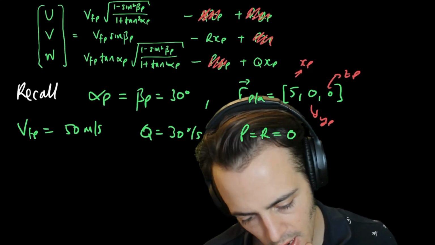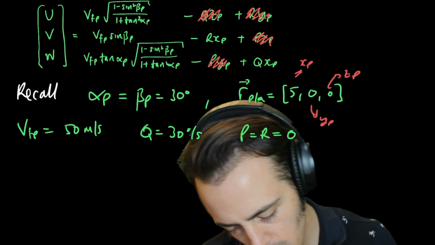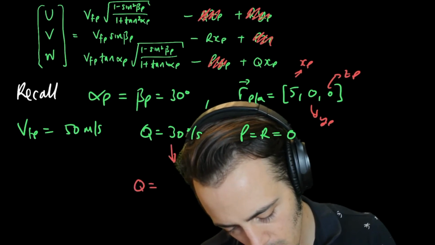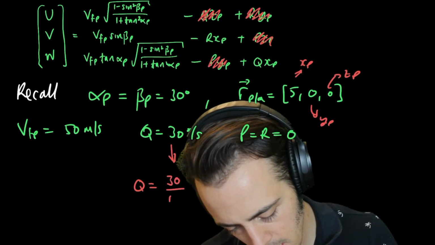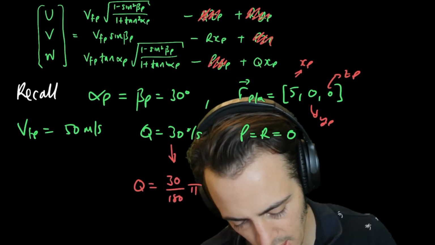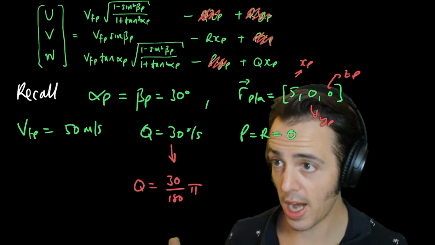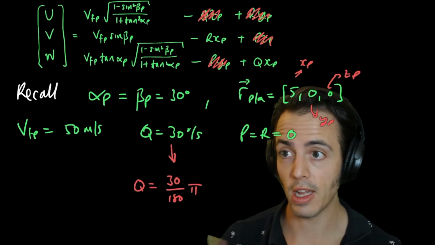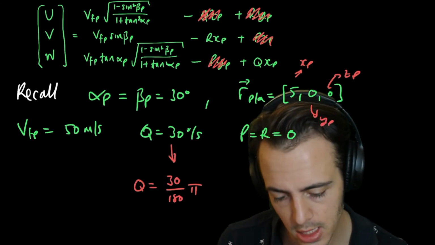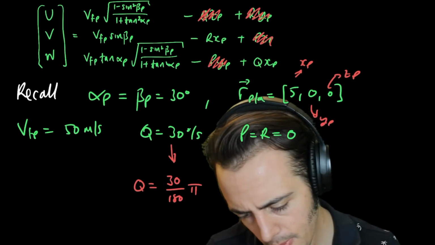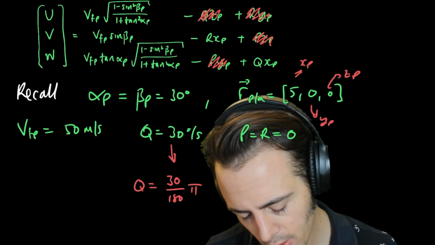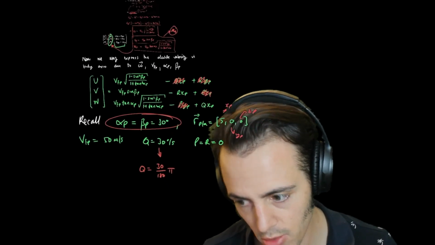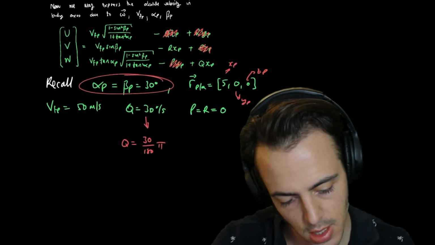We're just going to convert Q, that's in degrees per second, so Q is equal to 30 divided by 180 multiplied by pi in radians per second, because we're using this in an equation that doesn't involve a tangent or any trig terms, so it needs to be in radians per second. And then everything else we can do exactly as is. We can leave these in degrees, just remembering to make sure that our calculator is set to degrees mode.